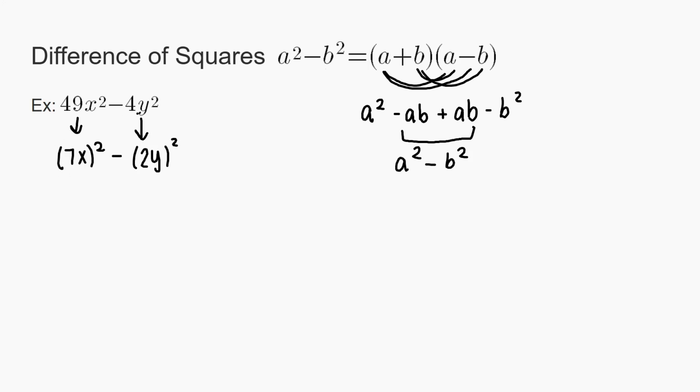So, it's a difference of two squares, so we can factor this as 7x plus 2y and 7x minus 2y. When I see a difference of squares problem, my first step is to find what a is and what b is, and then it's easier to write out the factored form.